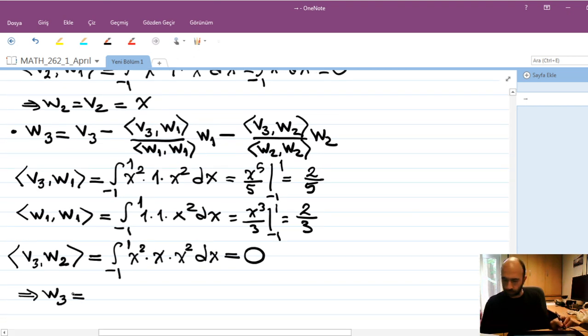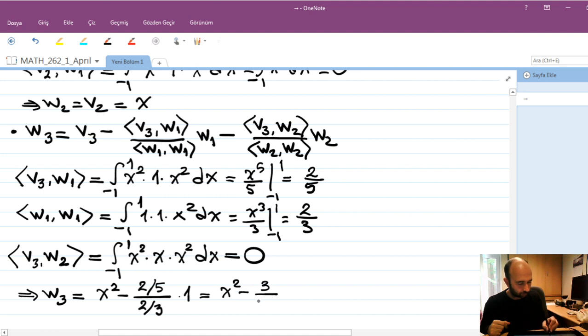W3 is V3, which is x squared minus 2 over 5 divided by 2 over 3, and W1 is 1, and the next one is 0, so I'm not writing that, so it is simply x squared minus 3 over 5.